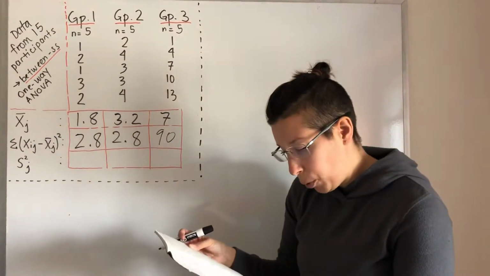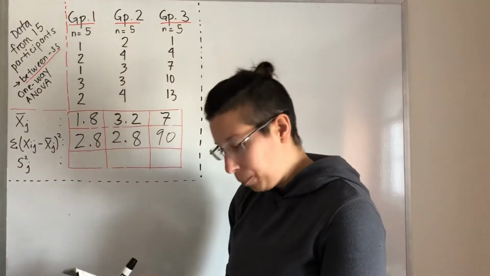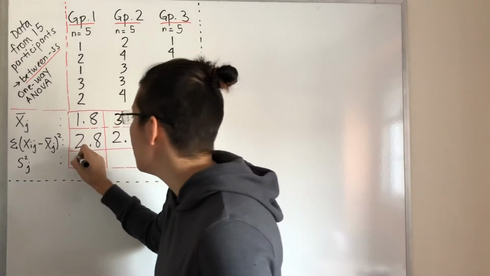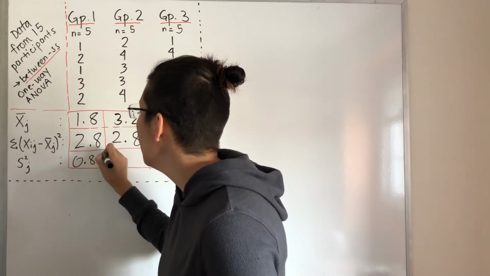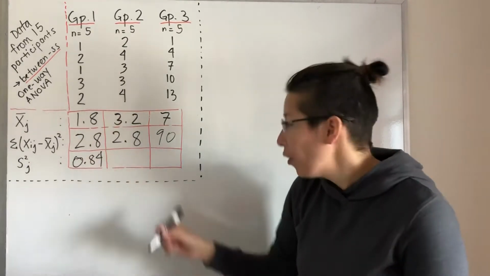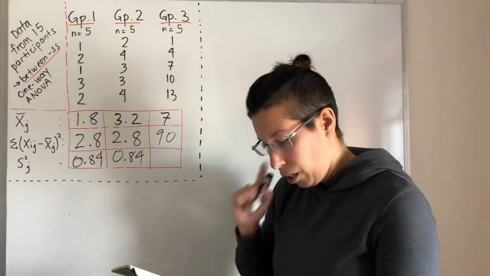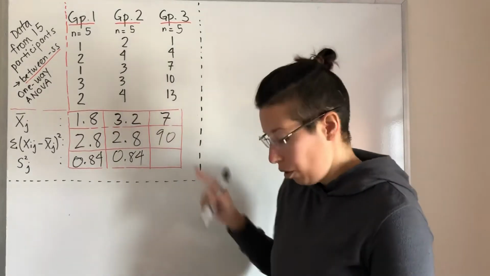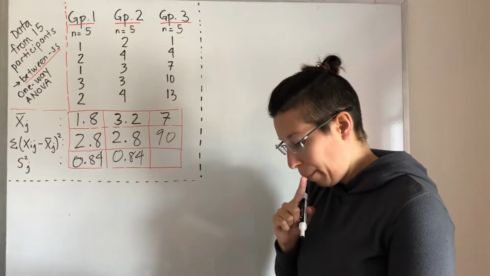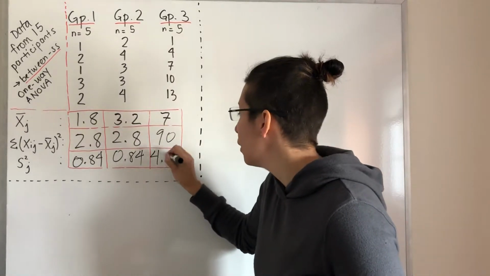So I hand computed them beforehand. So for this group's variance, I got 0.84. And then for this group's variance, I also got 0.84. And then finally, for this group's variance, I got 4.74.